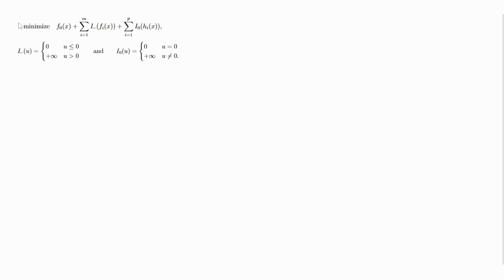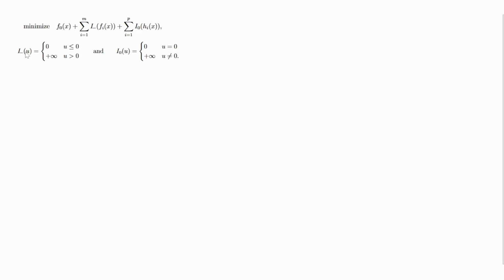If you look at it for just a minute, hopefully you can convince yourself that that's true. So we have, of course, the objective function, but we've moved the inequality constraints f_i into the objective, and we move the h_i into the objective as well.